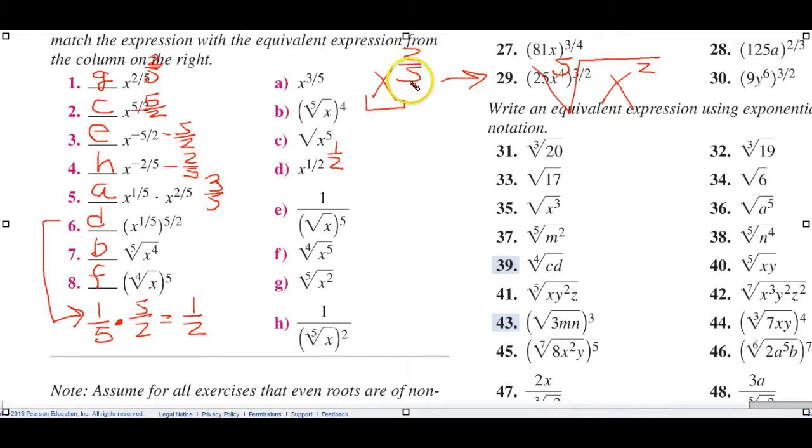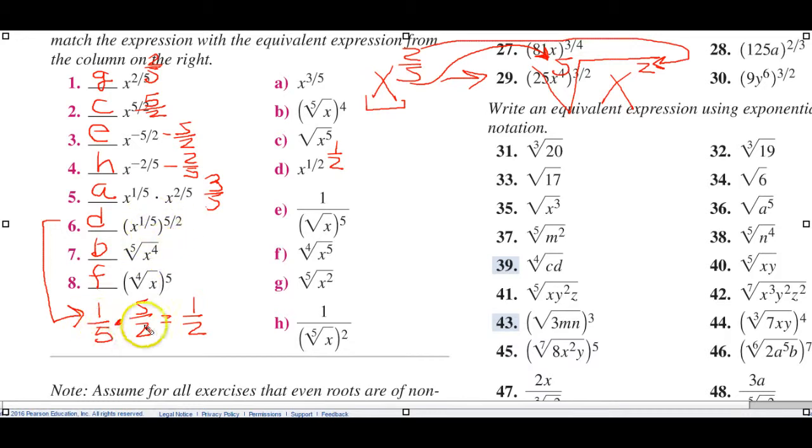And the rule is your denominator of the exponent always becomes the index number, and the numerator is the exponent on the radicand. So let's see how you've done. Notice in number 6, setting this up, it's kind of hard to follow.